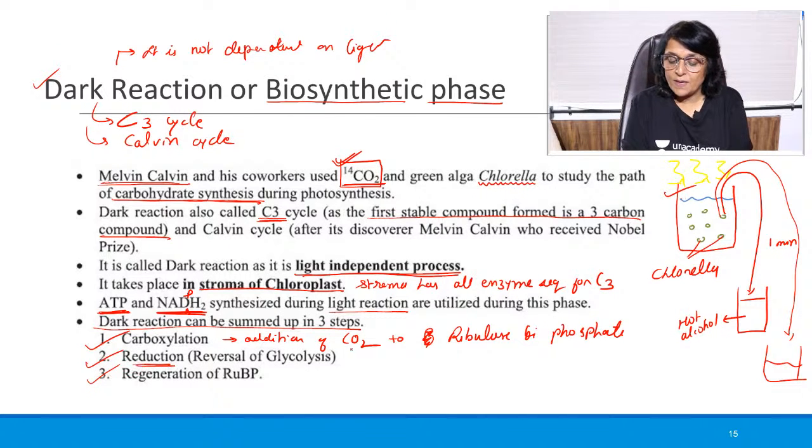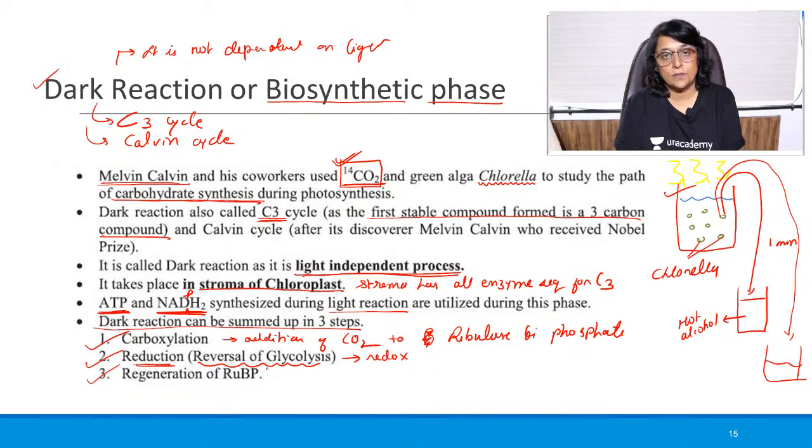Then there is going to be a redox reaction, and it is also known as reversal of glycolysis, because in glycolysis there is a particular step, and the reverse of that step is actually the redox reaction which takes place. And then this ribulose biphosphate which is used has to be regenerated. That is the third step. So in these 3 major steps, dark reaction will be completed.